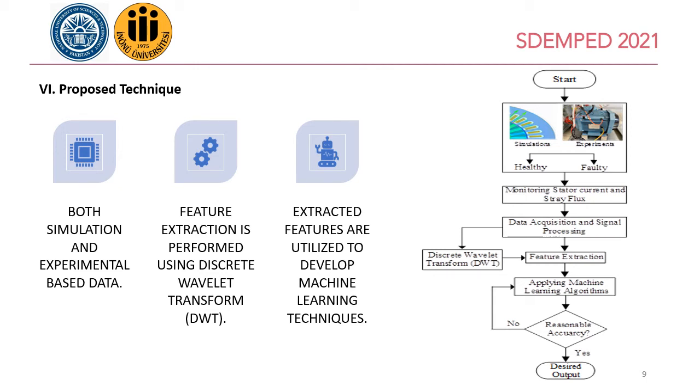During this, discrete wavelet transform is used for feature extraction. Then the extracted features are fed into the Matlab machine learning toolbox to apply machine learning. Finally, accuracy is checked to get the desired outcome.